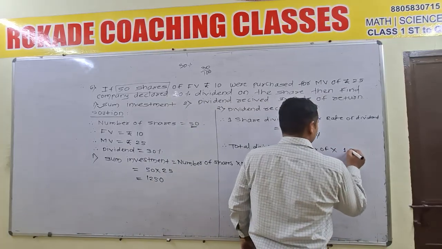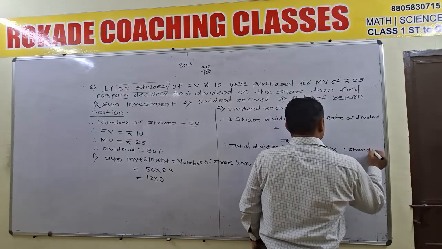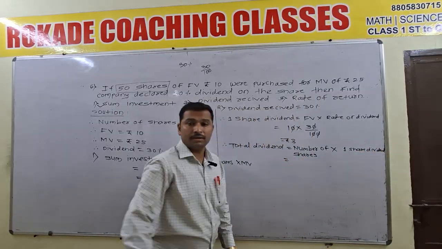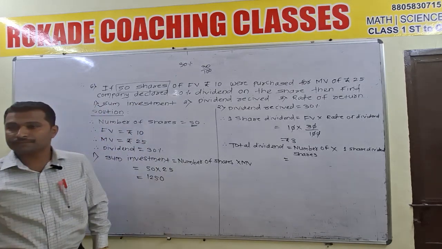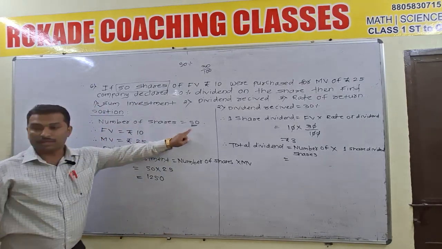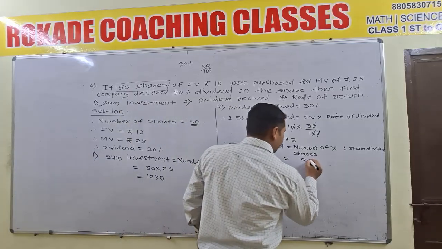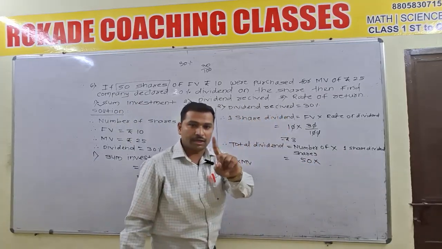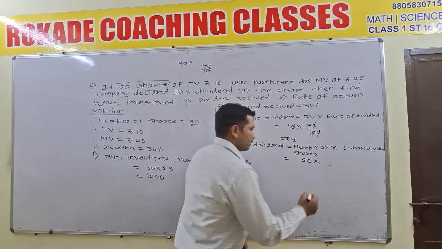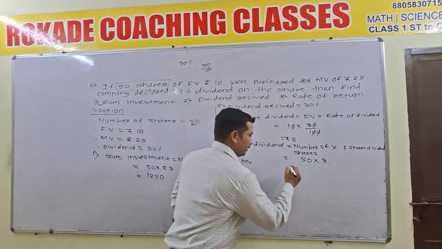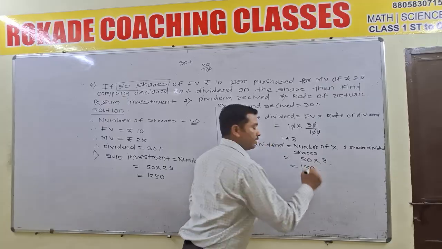The number of shares is 50, multiplied by 3 rupees. 50 multiplied by 3 is 150. So the total dividend is 150.